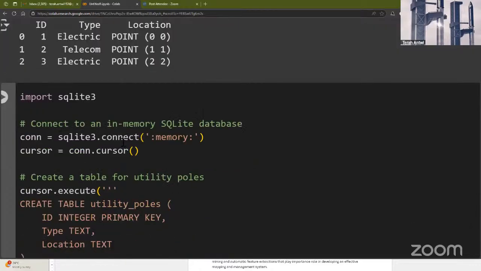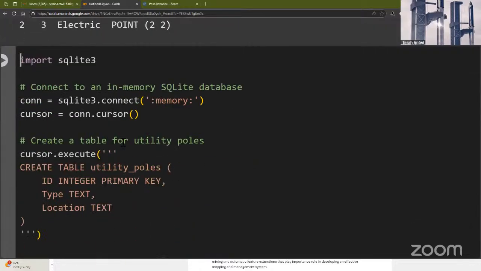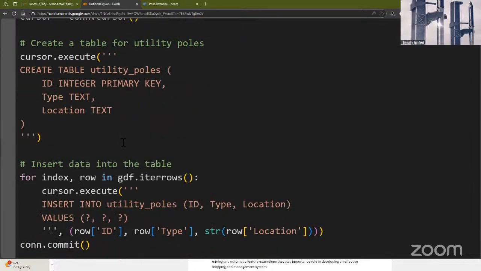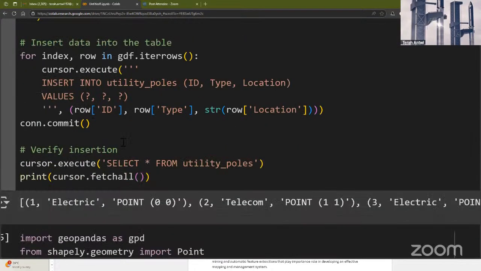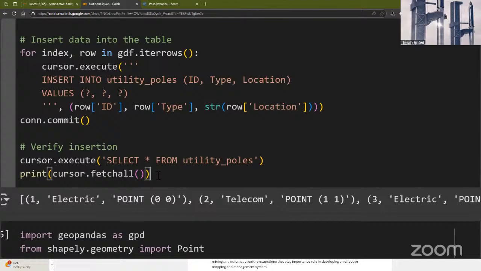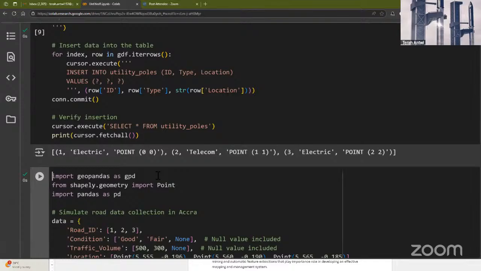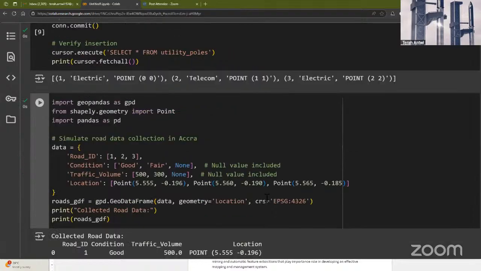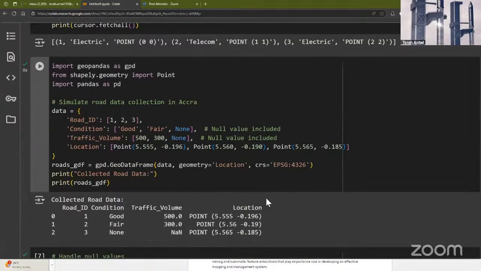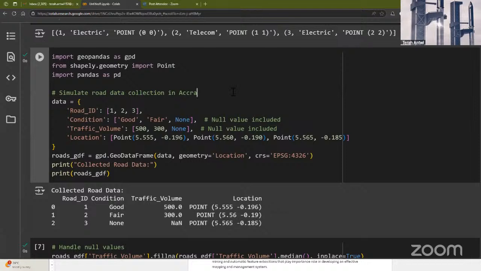If you also have a SQL database, you can execute to save this in a database. When you run, there is an indication that electric pole, telecom, and electric have been saved inside your database.